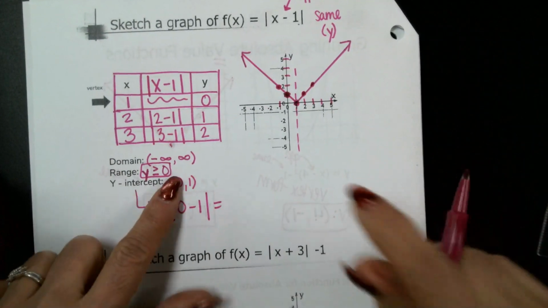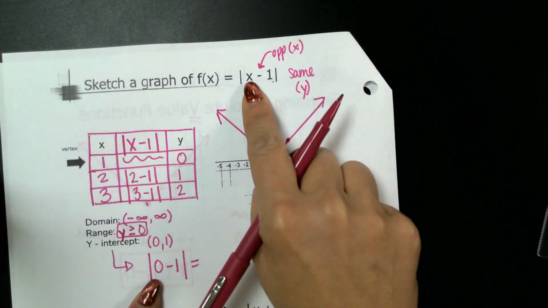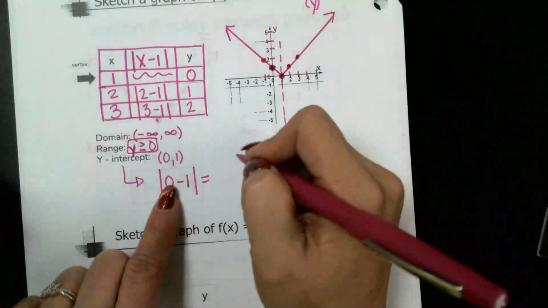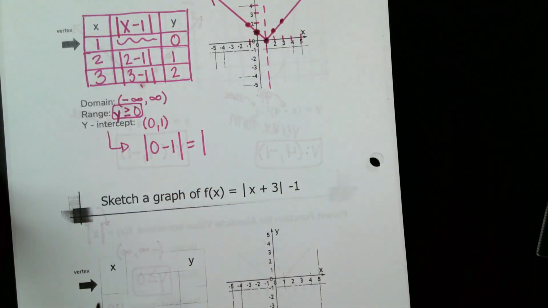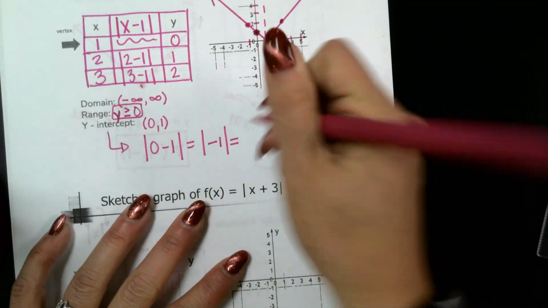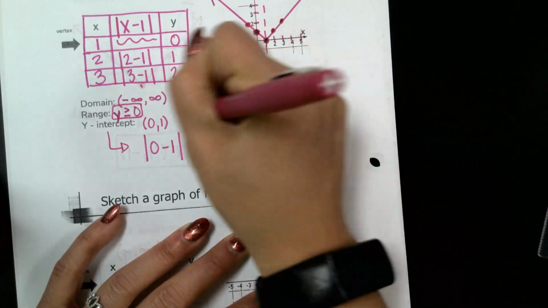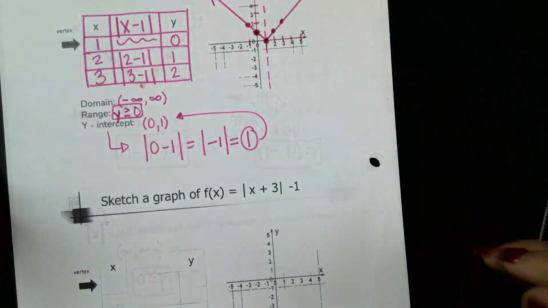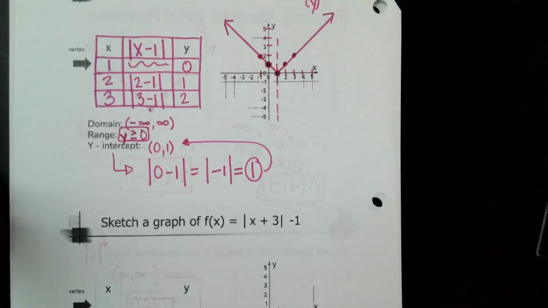If you can't see it physically on the picture, just plug a 0 in where that x is and solve. So what's 0 minus 1? -1. And what's the absolute value of -1? 1. Okay, so I could have gotten that by just plugging in a 0 and figuring it out. But if you can see it on the picture, just get it from the picture.